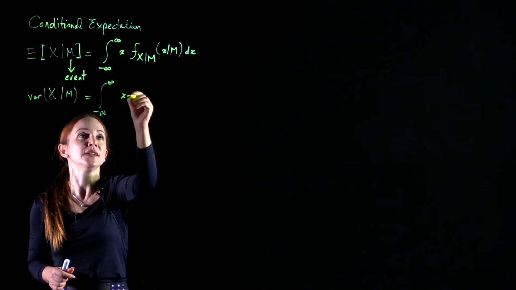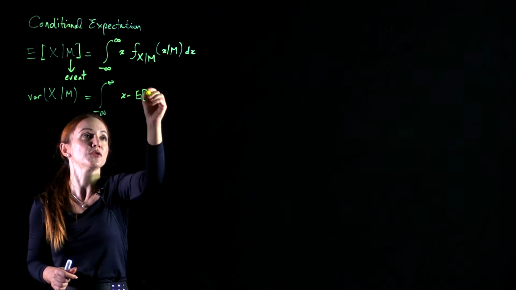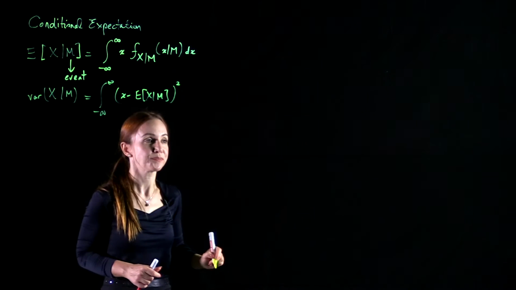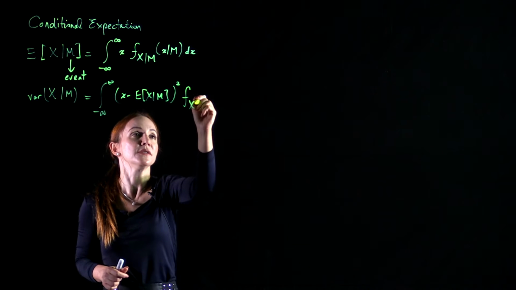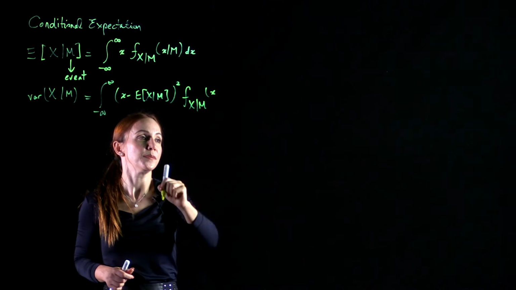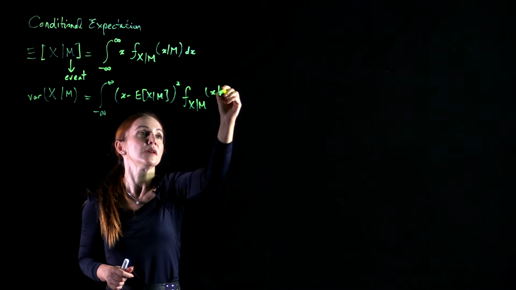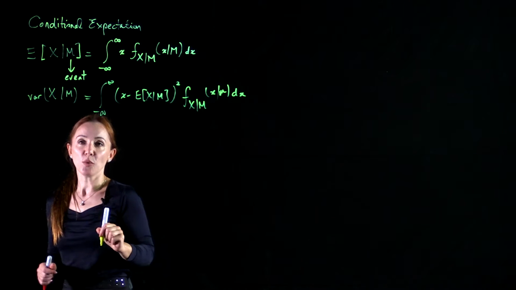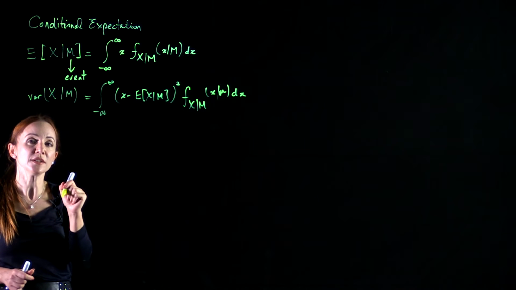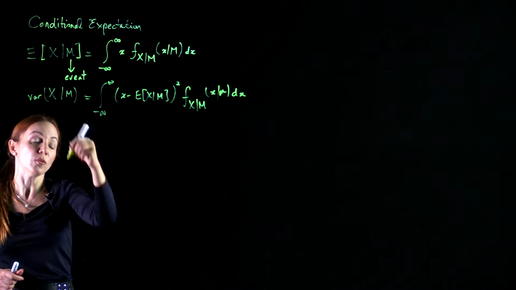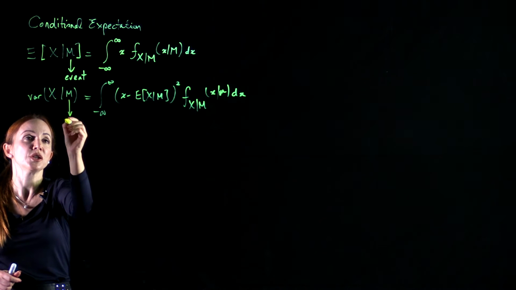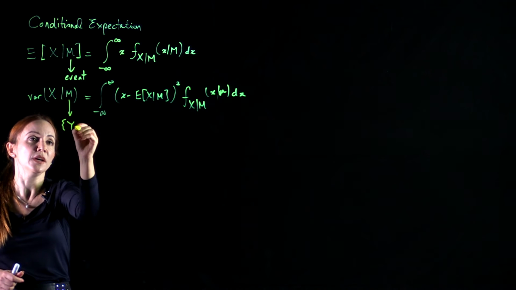So that is x minus expectation of x given m, squared, times the conditional distribution dx.